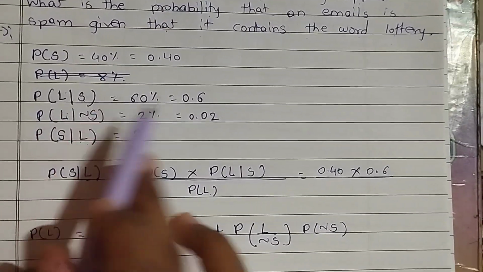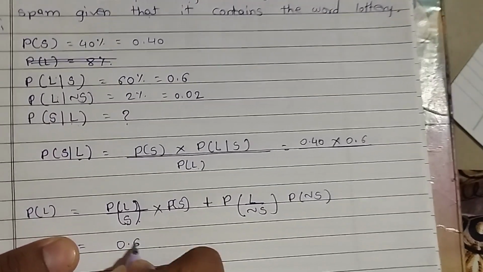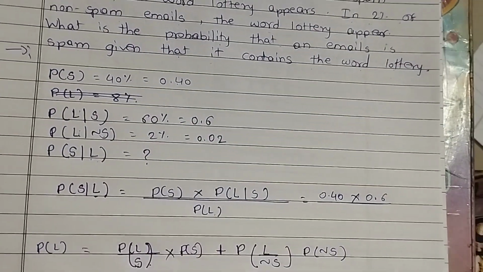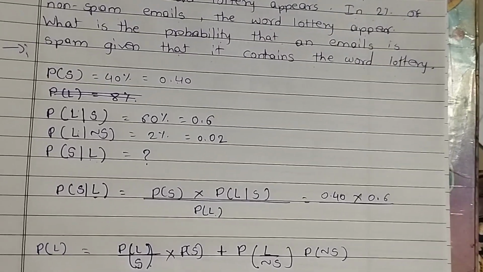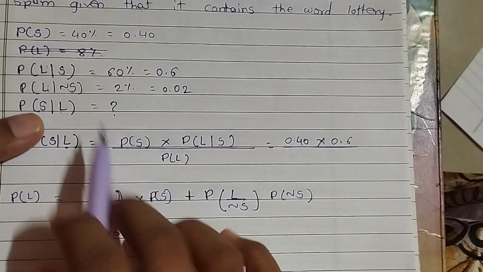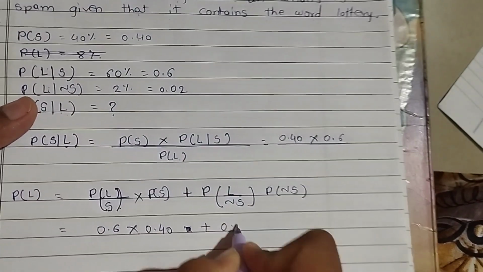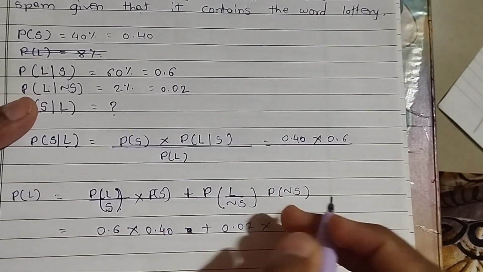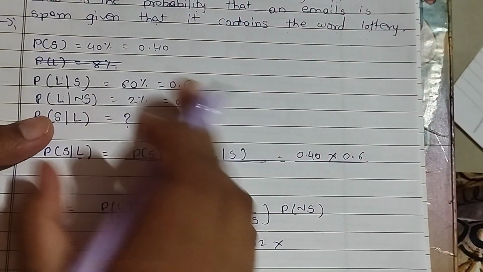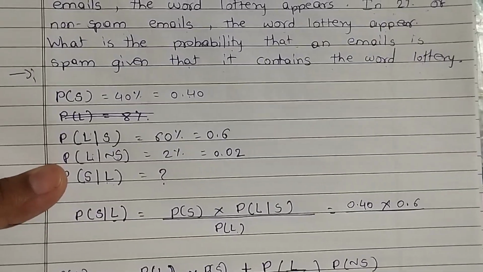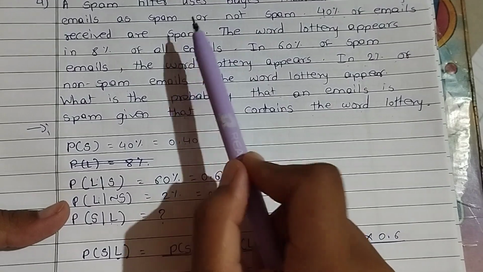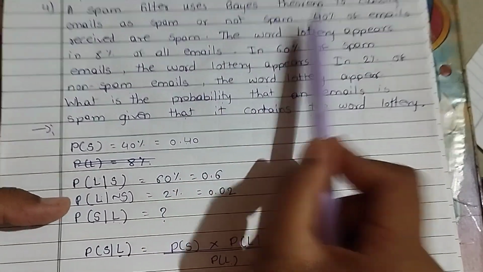So P of L given S is 0.6, times P of S, which is 0.40, plus P of L given negation of S, which is 0.02, times P of negation of S. We have not been told this directly, but it is clearly mentioned that 40% of the emails received are spam, meaning 60% are not spam.